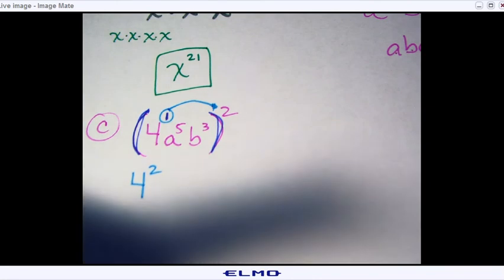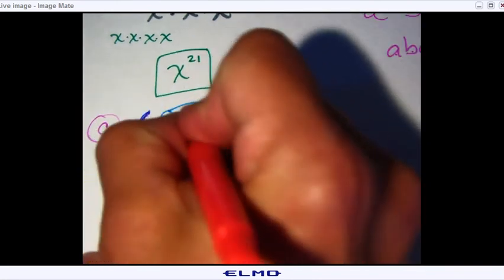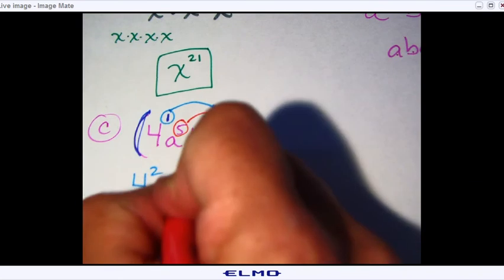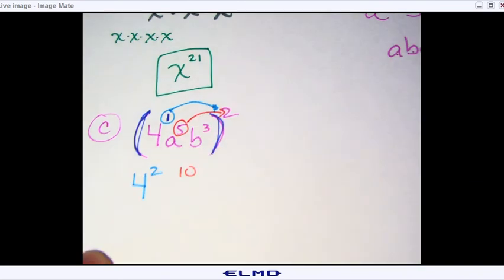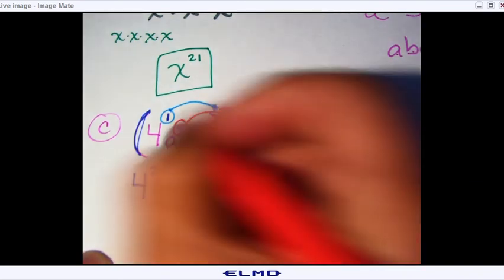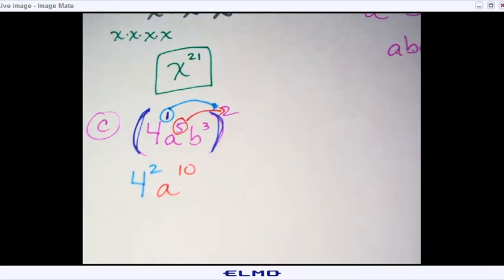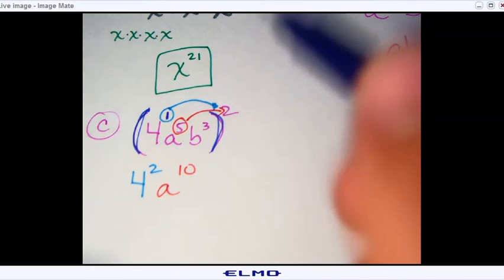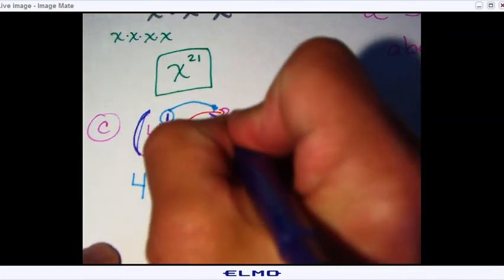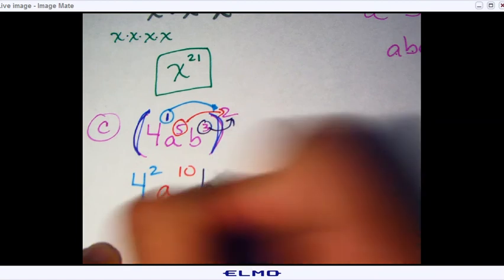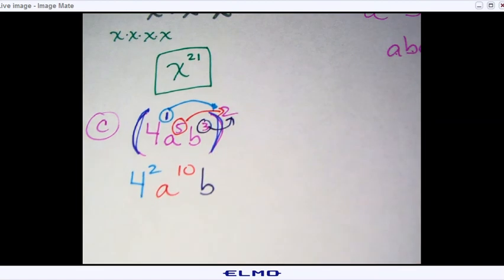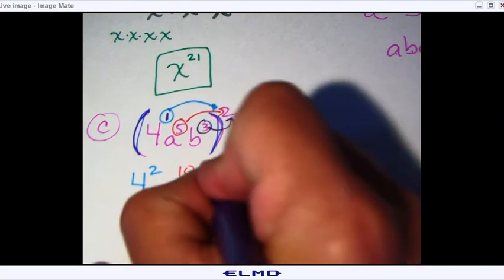Then you're going to do the next one. 5 times 2 is 10. But what did I forget? I forgot the A. Don't forget the A. And the last one is what? Graper. What's B? B to the what? B to the what? 6. Ooh, yeah, right there.